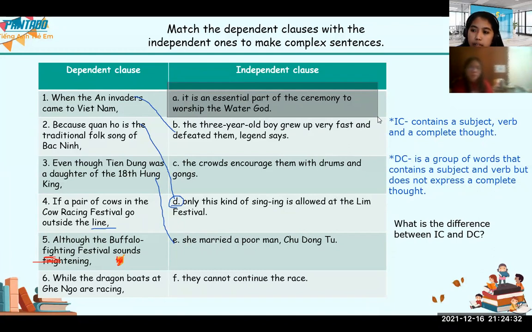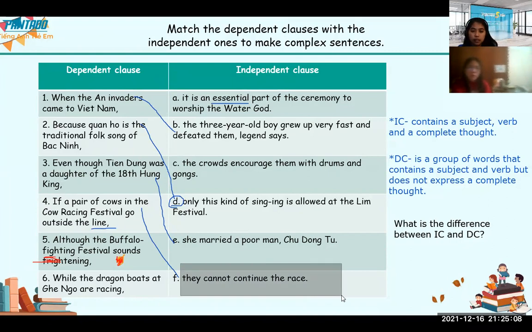If they cannot come to the rest... Yes, continue reading. And for if... Ah, you mean this one, F? Can you please read letter F? They cannot come to the rest. Very good, Ngok.